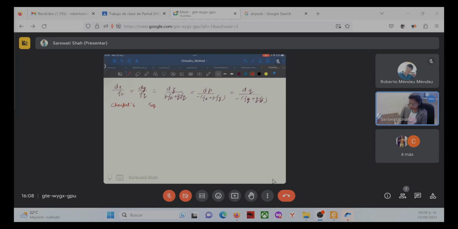What was the method of characteristics for the nonlinear equation?